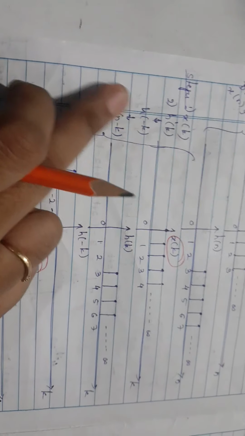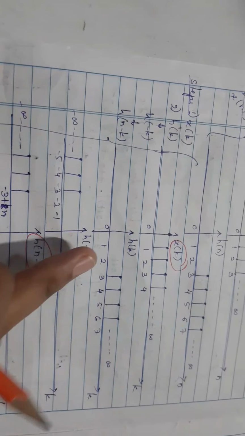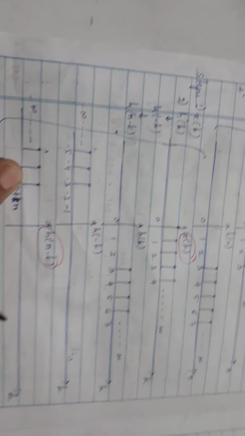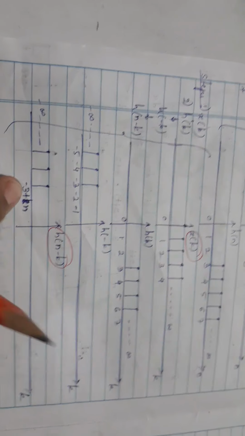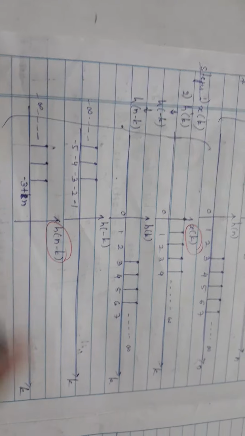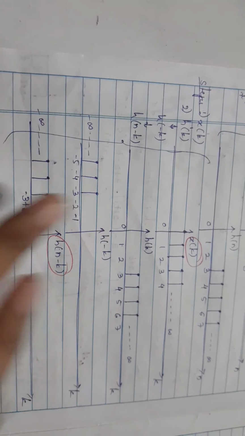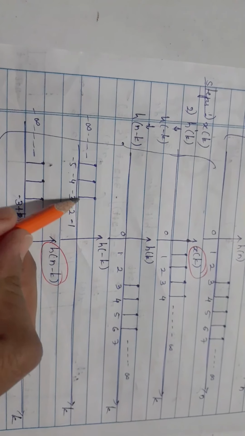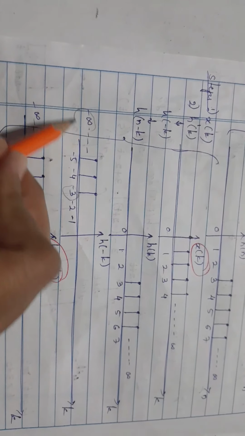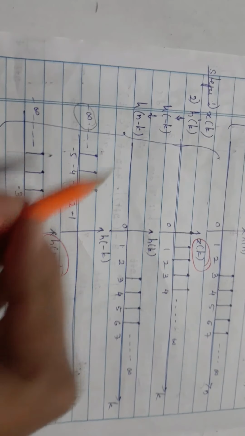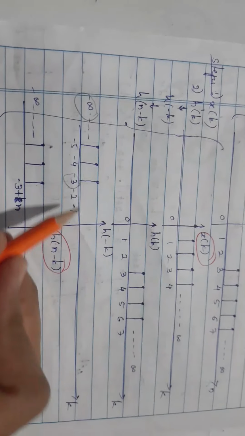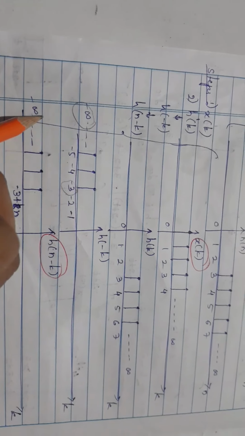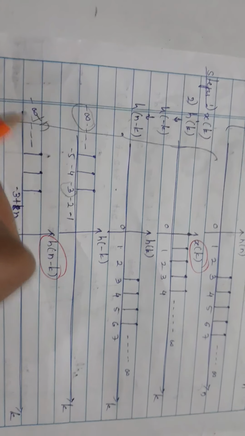Now, how to get h of n minus k? We have got the reflection. Redraw the signal one more time, minus 3 up to infinity. Redraw the same signal one more time, and whatever limits are there, to these limits add plus n. So minus 3 plus n, and minus infinity plus n will become again minus infinity only.